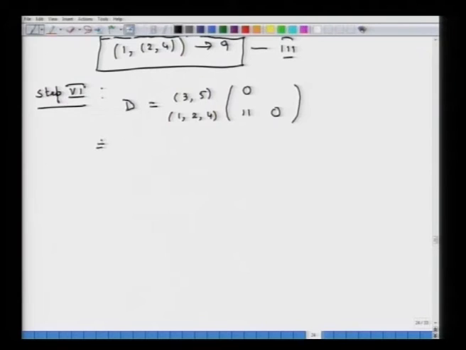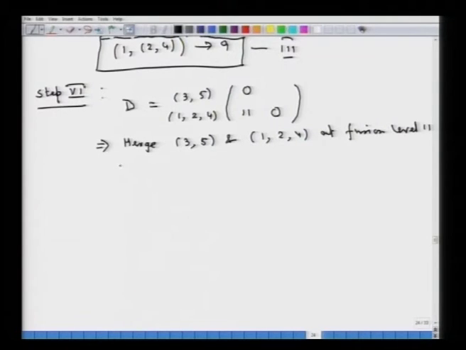So, this would imply that the last fusion is merging the cluster 3 5 and the cluster 1 2 4 at fusion level 11.